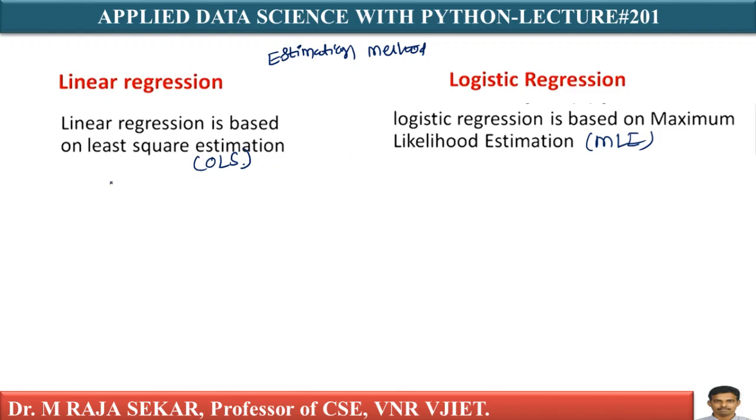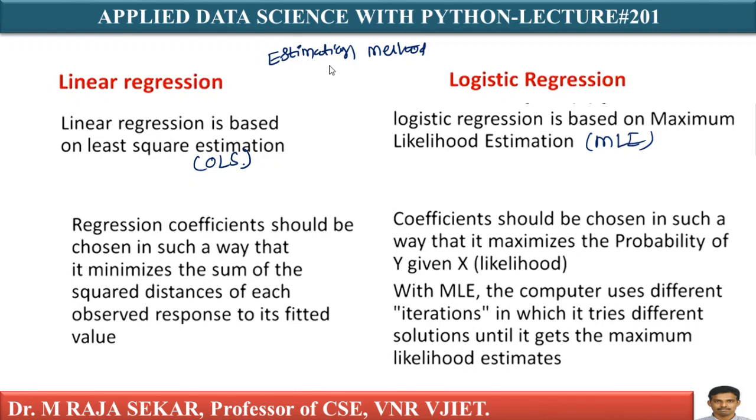In linear regression, the regression coefficients should be chosen in such a way that they minimize the sum of square distance of each observed response to its fitted value.